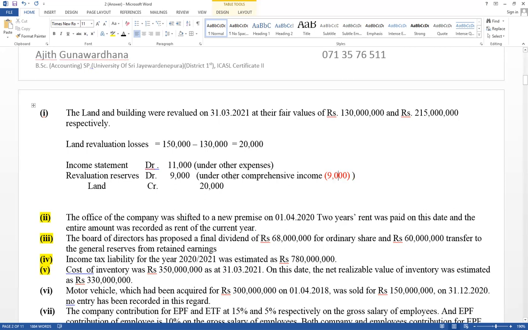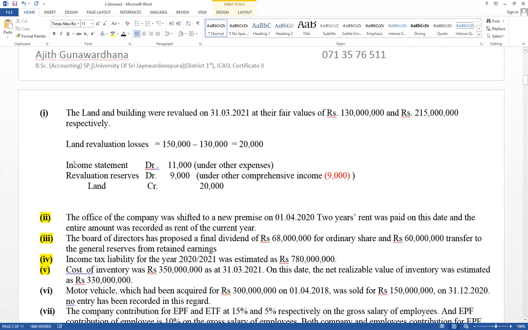This is the way you include the amount equal to the previous year surplus. When we are going to record this loss, since there was a surplus last time, we should put an equal amount in other comprehensive income within brackets. And this one should be included in the PPE schedule.